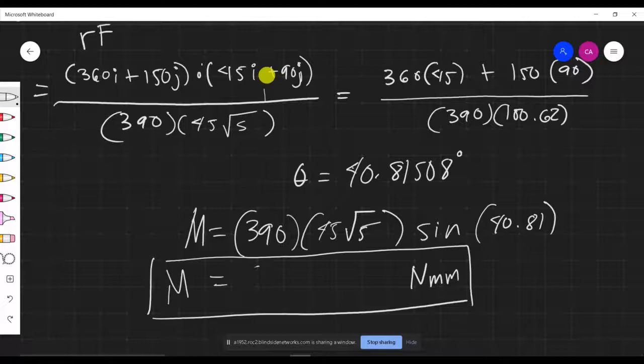So, times sine. Yan. So, lumalabas na. Sa akin, sumakto na. 25650. Sakto. Okay? So, sumakto sa akin. 25,650.